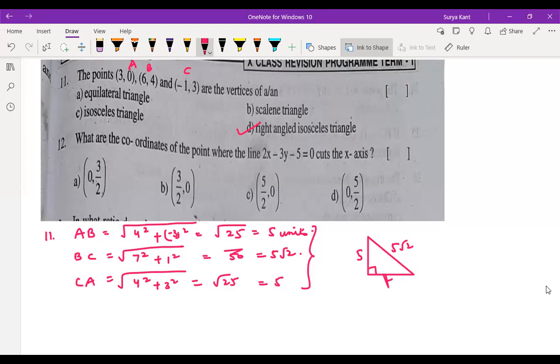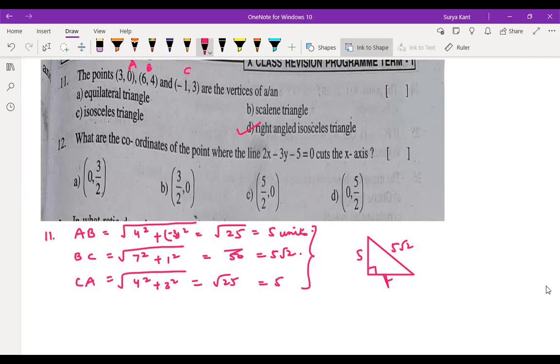Now all of you do question number 12. What are the coordinates of the point where the line cuts the x-axis?